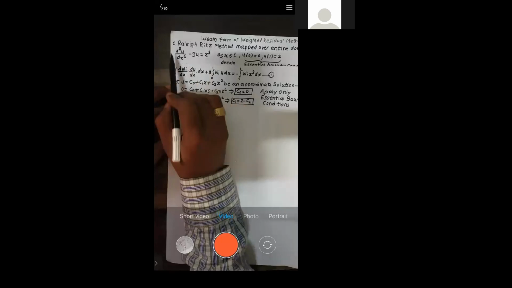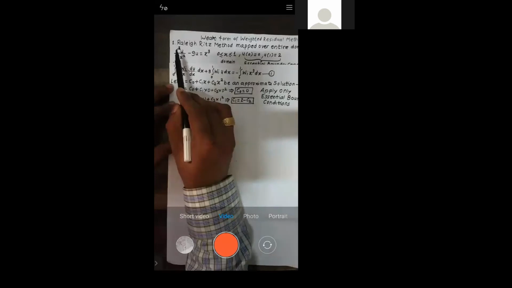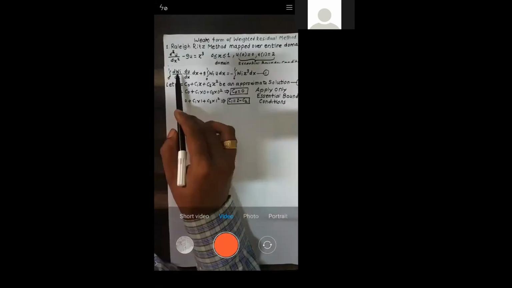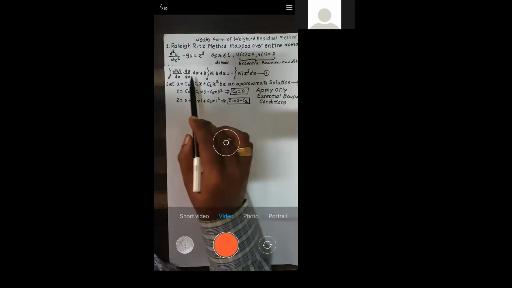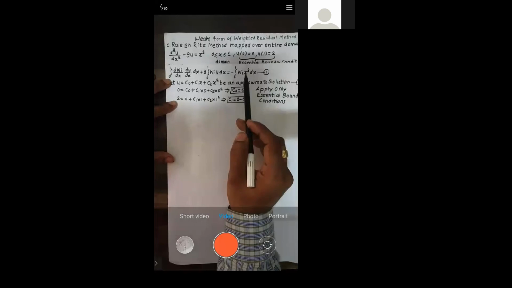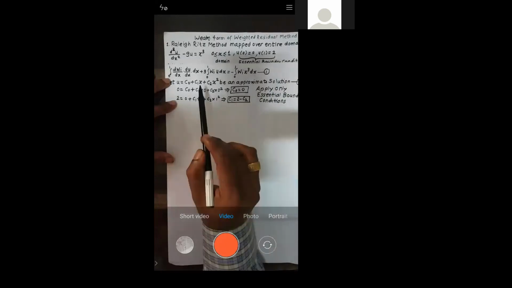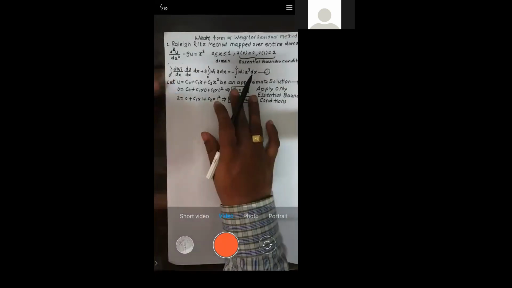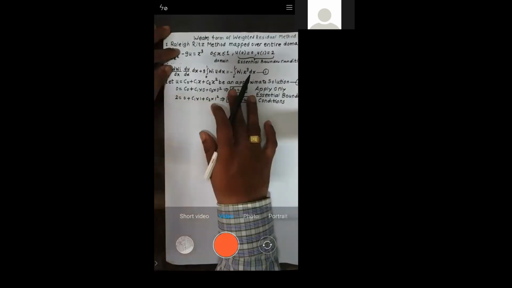What is the maximum power here? 1. Here power is 1, so what is the power of the approximate solution? 1 plus 1 is equal to 2. Yes or no? Is it okay?